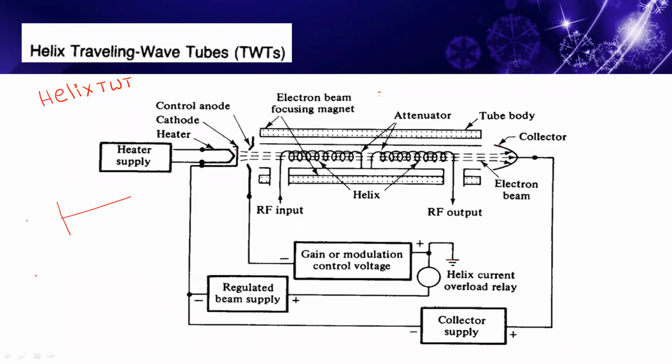This is the electron beam. All accelerating and decelerating forces are encountered. This is called retarded and this is called accelerated.